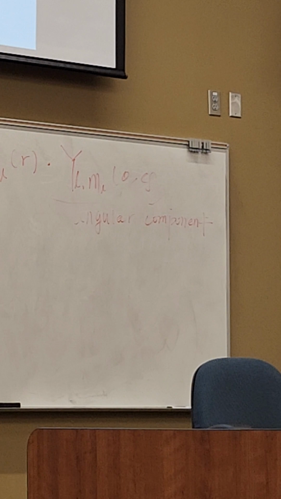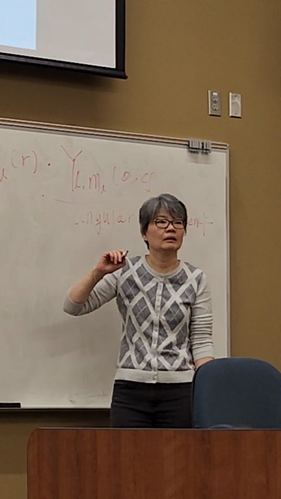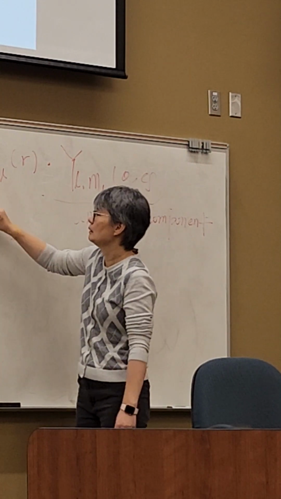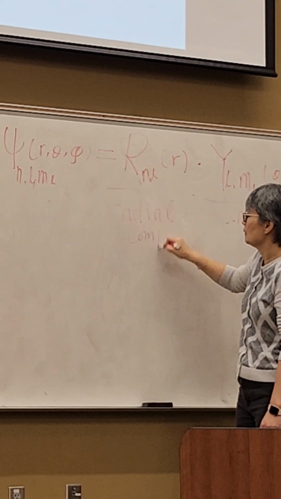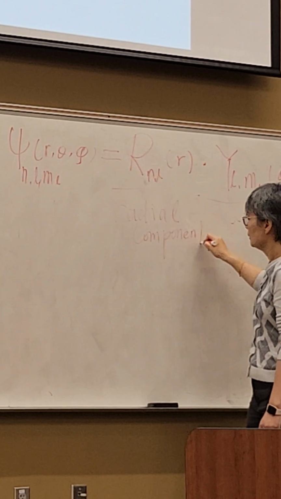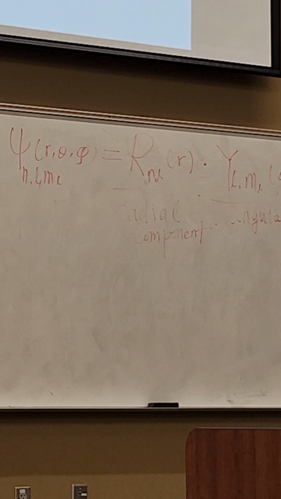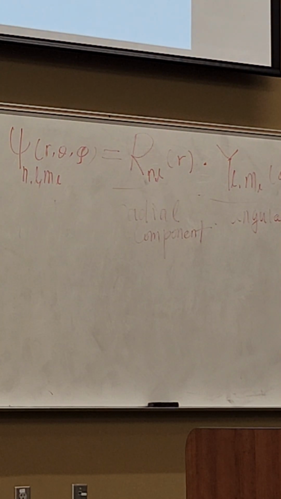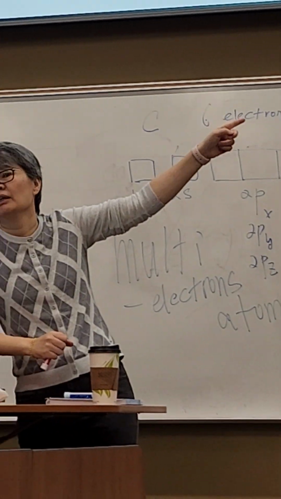Now, correspondingly, what do we call this part? It is the radial component of the wave function. I just want to point out that it is not the same as the radial distribution function.